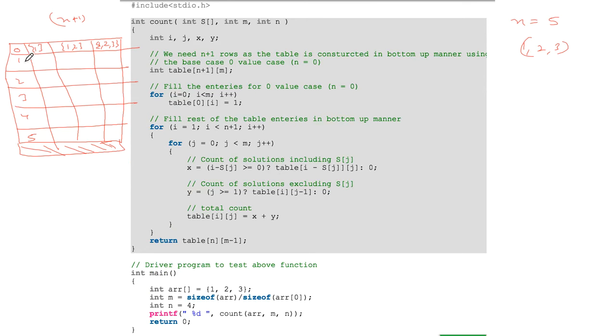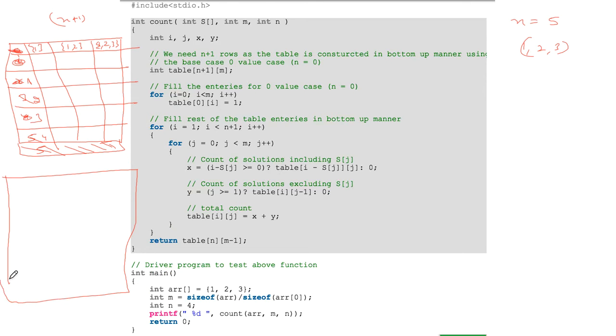Let me change it: 0, 1, 2, 3, 4 and 5. Or I can create the array again. Sorry, it's a bit messy.